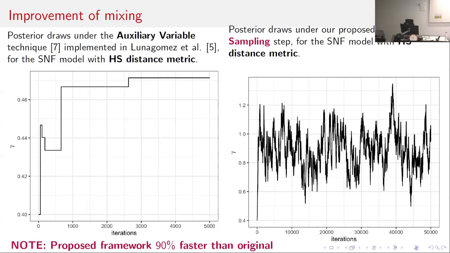There are very few new rows accepted. And here we have an improvement in mixing when we use the importance sampling step with the HS distance. But it was also much faster compared to running the MCMC within an MCMC. It was 90% faster than the auxiliary variable approach.